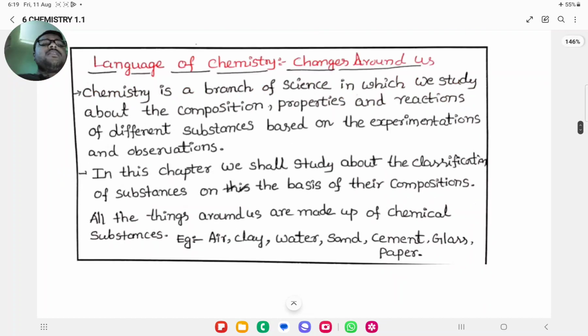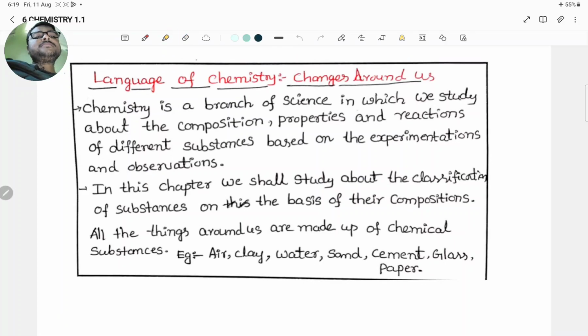See here, in language of chemistry, what is the basics? Chemistry is a branch of science in which we study the composition, properties and reactions of different substances, based on experimentation and observation.